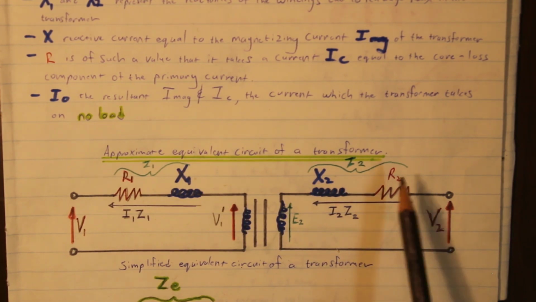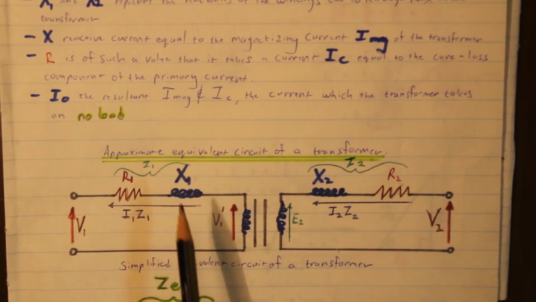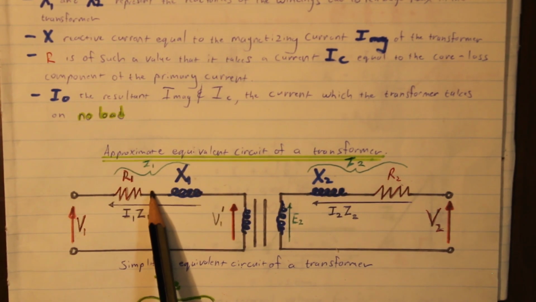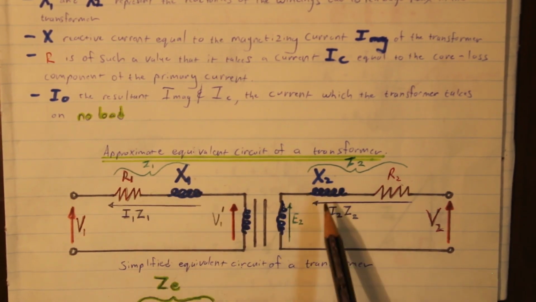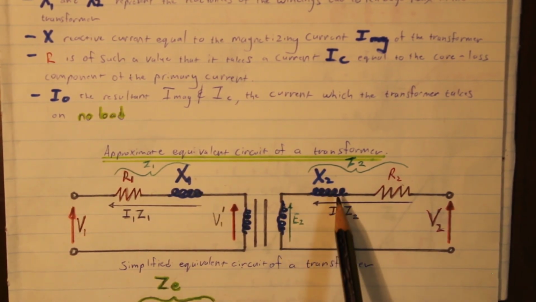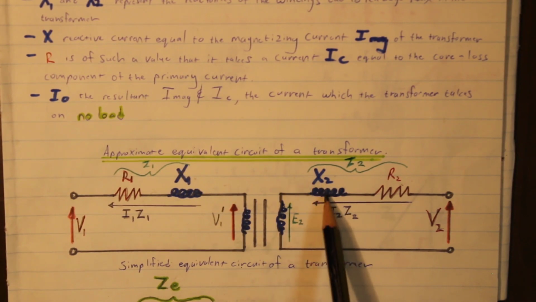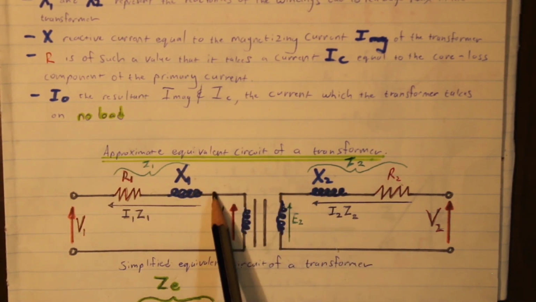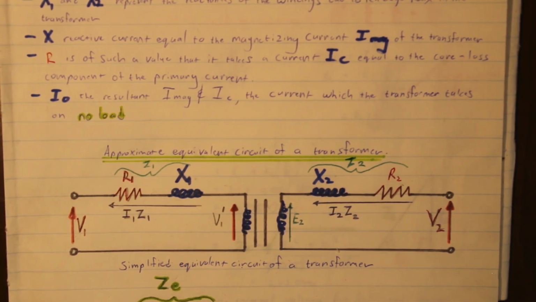When it shifts over, R2 on this side is going to be R2 prime on this side, and the leakage reactance on the secondary side, X2, we're going to shift over to the primary side as well, and that's going to become X2 prime on the primary side.